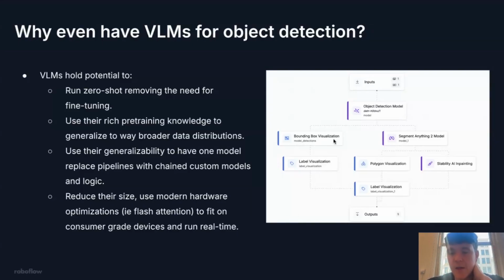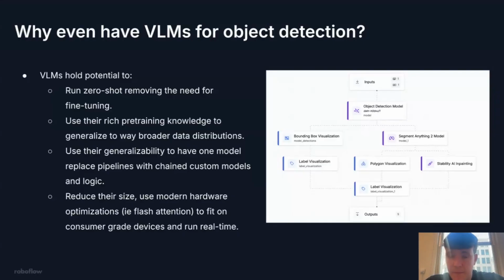So here we have this product that we call Workflows. It's one of the Roboflow products. Here we are combining an object detection model, Stability AI inpainting, SAM, and everything else to detect an object and then swap it out with something else inside of an image. And you can see how there are so many different components.